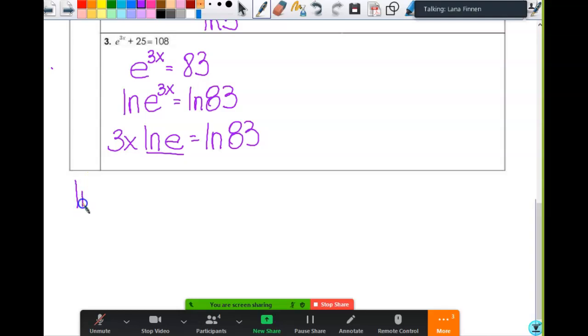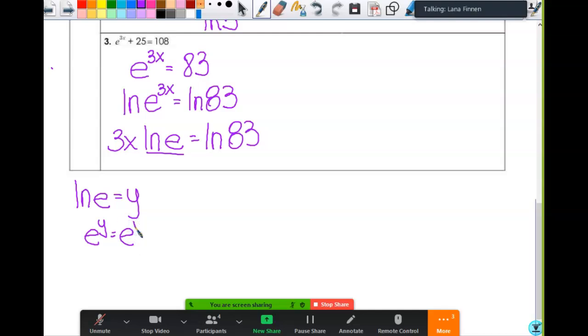Okay, so I have the natural log of e. Let's say it equals y. Say I want to change that to an exponential. What's the base of this log? E, right? If it's a natural log, the base is e. So that would mean I would get the base, which is e, to the y power equals e to the first power.